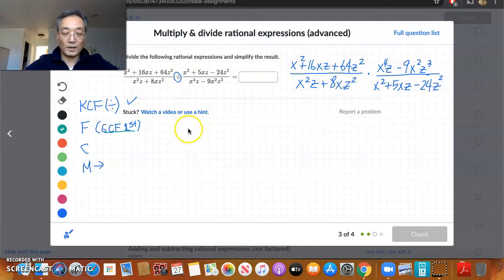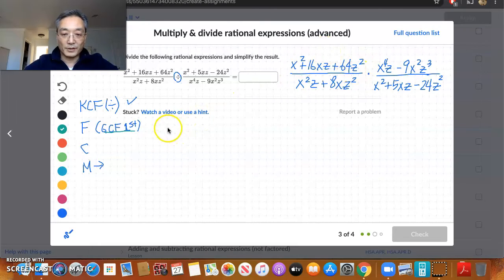If you were to not look at the z's and just rewrite this without the z's, you would see that's x squared plus 16x plus 64, and that is a perfect square trinomial, correct? The only difference is that this has a z in the middle term and z squared on the end. It's still going to be a perfect square trinomial, but the binomials now will contain z's.